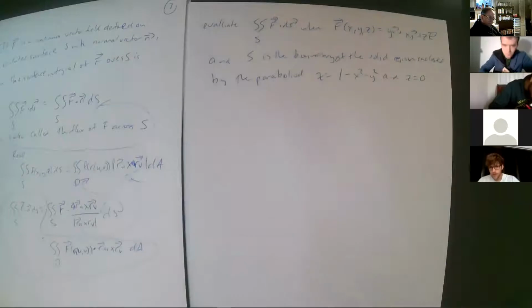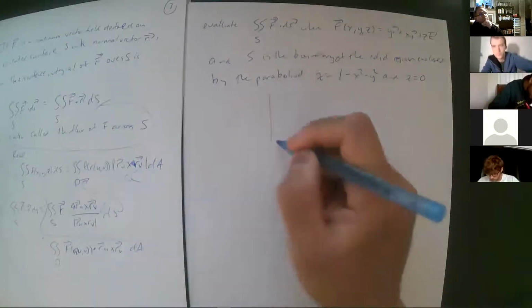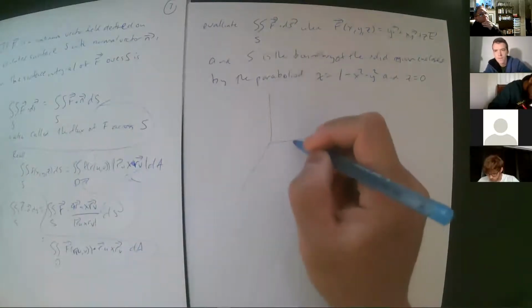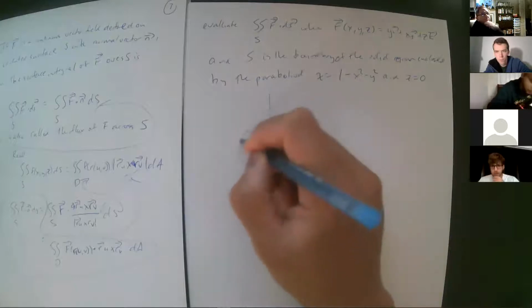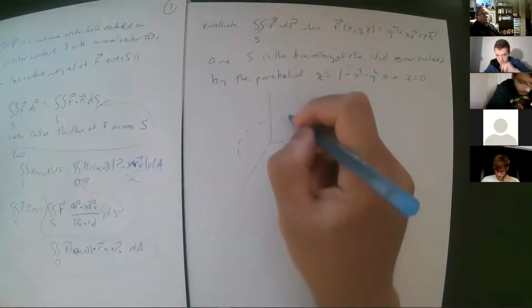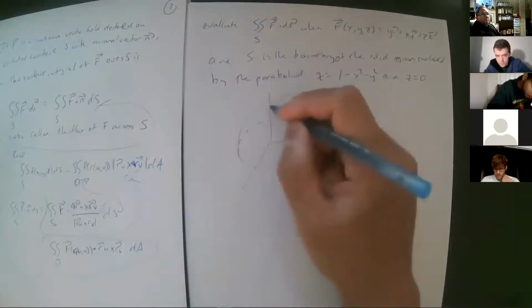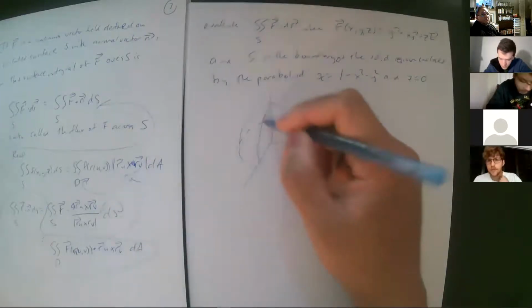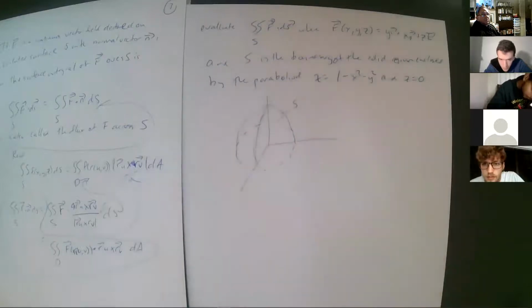So what does this look like? I've got this paraboloid. This is the z axis, and it looks like this. So this is my surface S. That's the shell. It's the shell of this solid region.